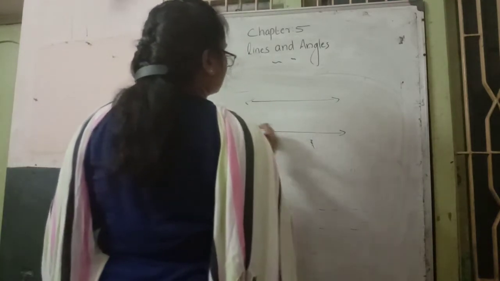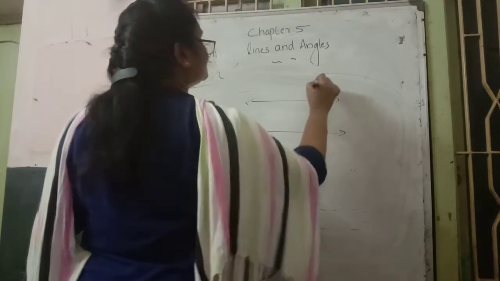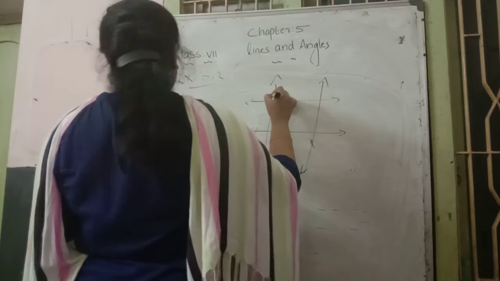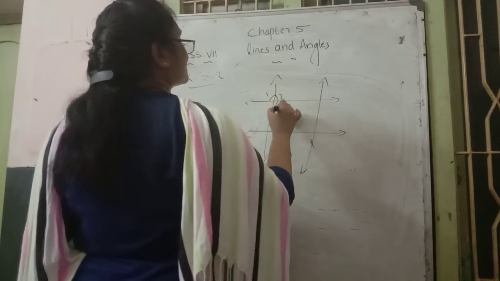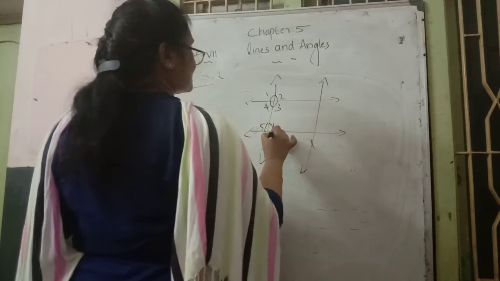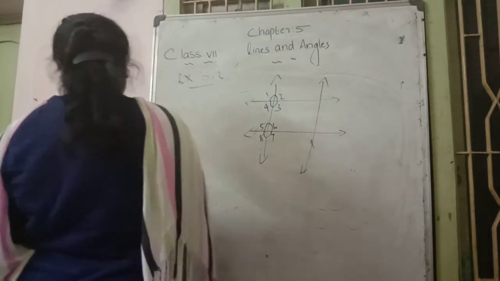Here they gave angles 1, 2, 3, 4 and here 5, 6, 7, 8. The lines are marked P and Q, and the transversal line is also given.